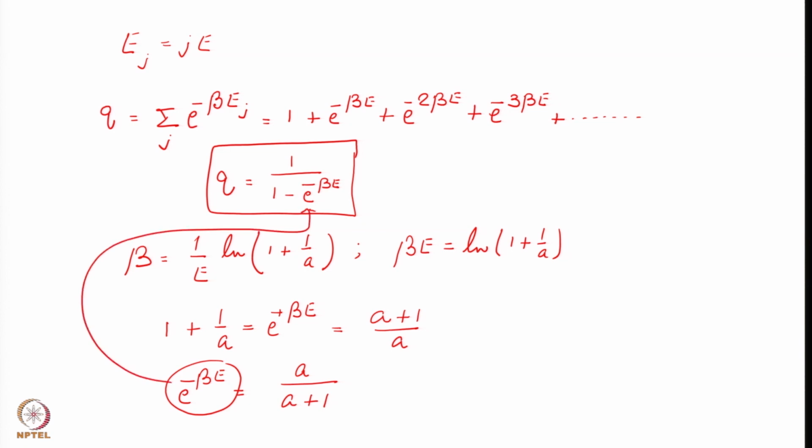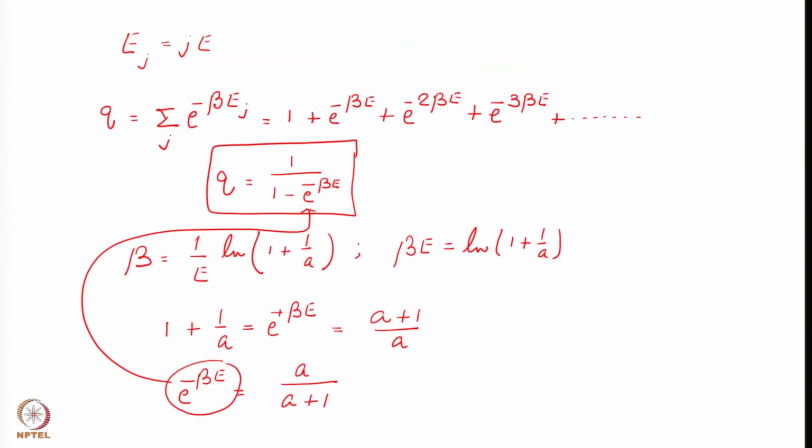First of all, let us write down again. q is equal to 1 over 1 minus exponential minus beta E. And we also showed that exponential minus beta E is equal to A over A plus 1. Let us recheck that. Yes.